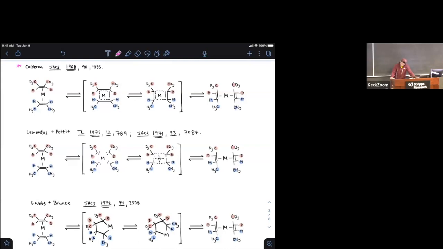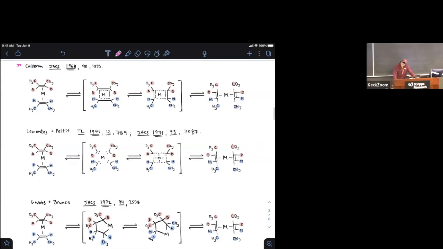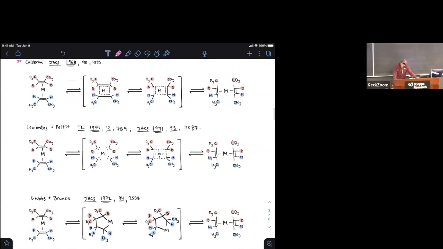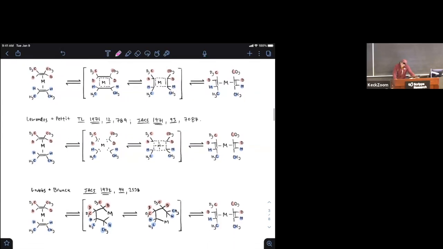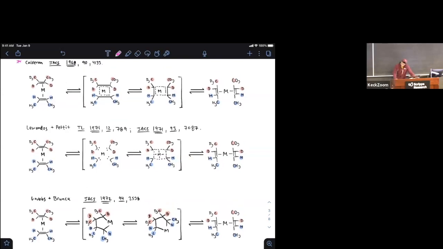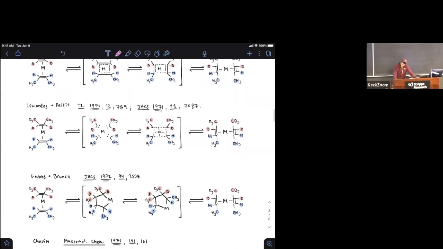Again, I don't want to throw shade on our organometallic forebears, but it's just clear that when you look at these mechanisms, they look uncomfortable to the eye based on what we know now about elementary steps.